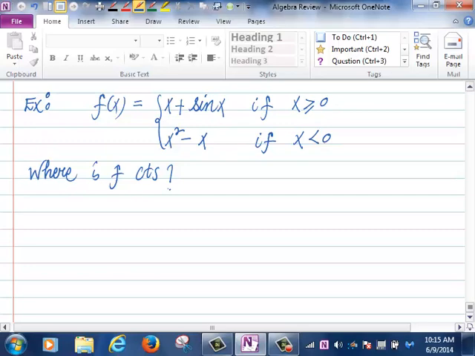Same way, when x is less than 0, strictly less than 0, the function is given by the polynomial x squared minus x, so it's continuous there as well. The only problem would be right at 0, because right at 0 the formula changes, so we don't know what's going on there, right? Is that making sense?